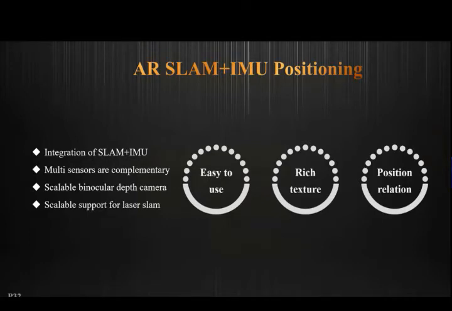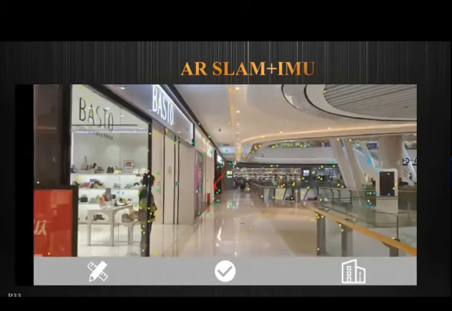With the integration of SLAM and IMU, and with the help of multi-sensors, scalable depth camera, and scalable support for the LiDAR of our smartphone, we could achieve AR positioning. It's very easy to use, has rich texture, and could achieve positional relation.